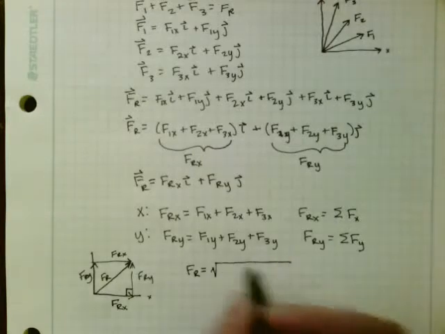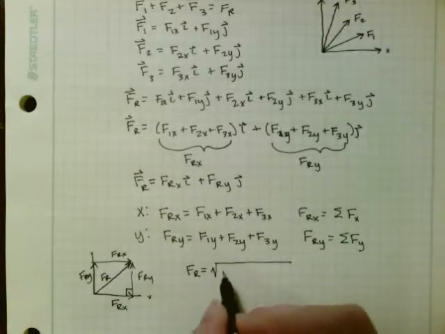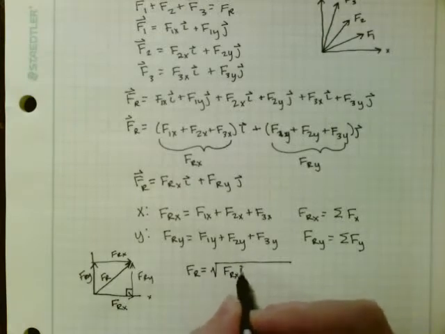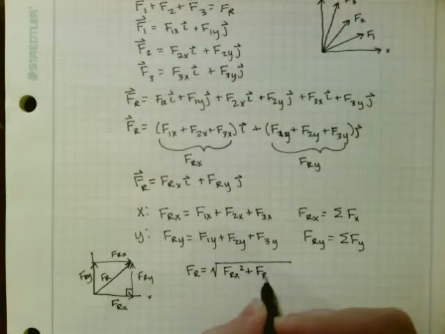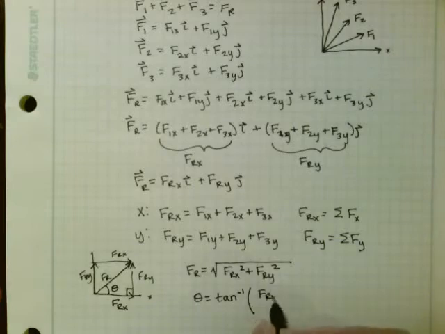So FR is equal to the square root of FRx squared plus FRy squared. Also, if this is equal to theta, you can say that theta is equal to the inverse tangent of FRy over FRx.